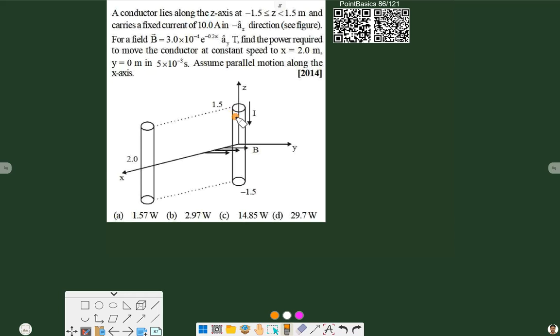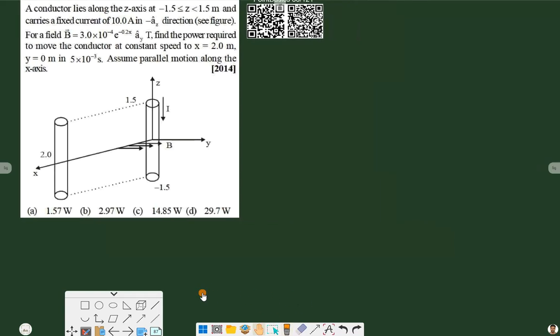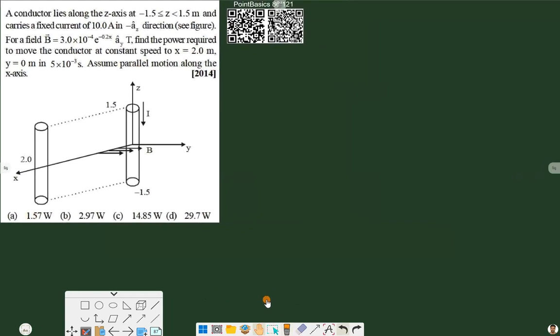So we have a conductor here, and we have to move this conductor from this point to this point. There is a magnetic field acting, and we have to find out the power. So basically, as we have to find the power, we know that the formula for power is the dot product of force and velocity.